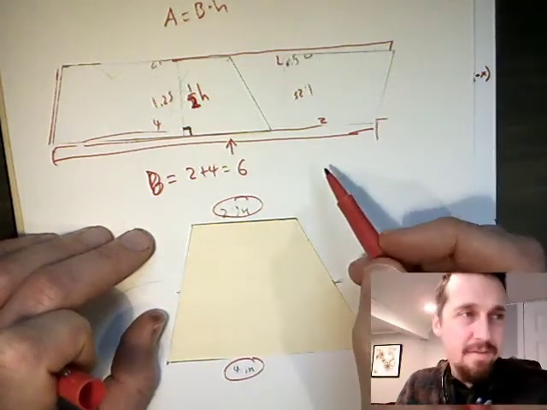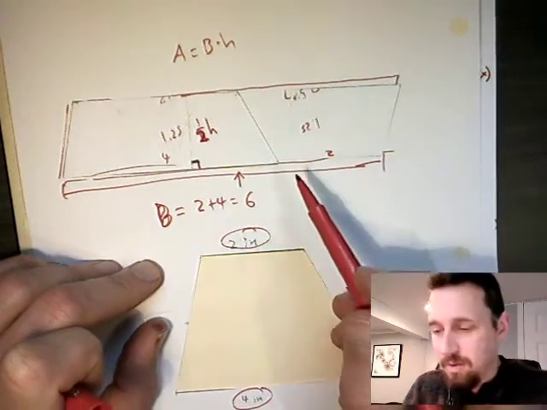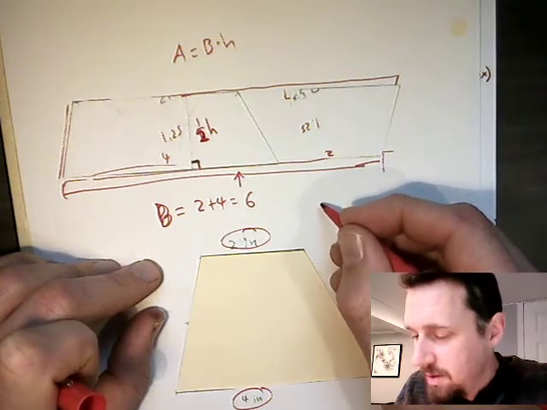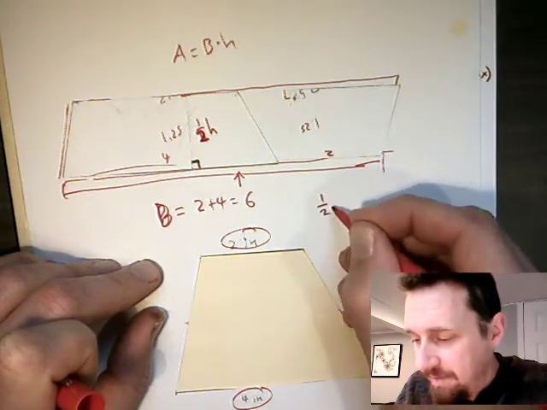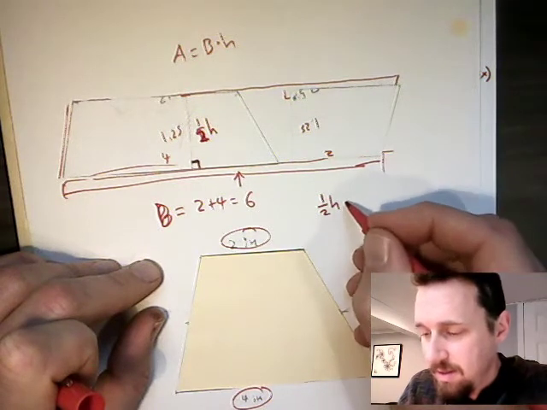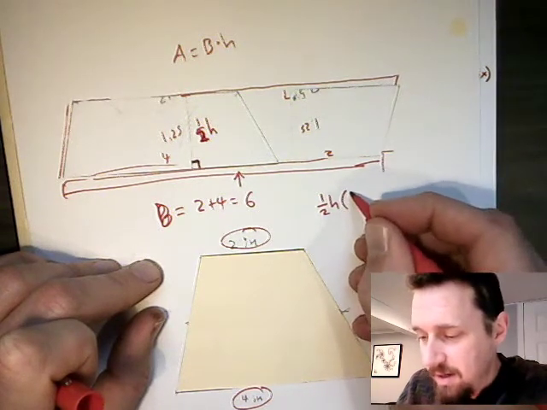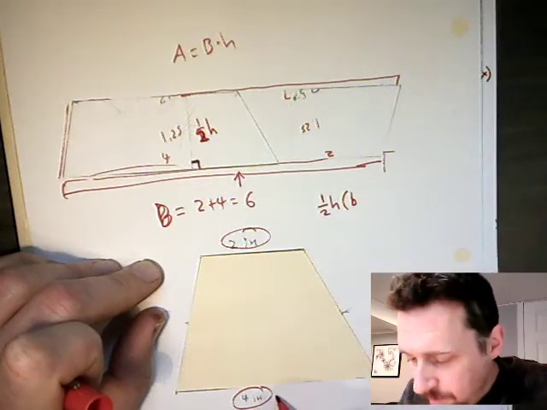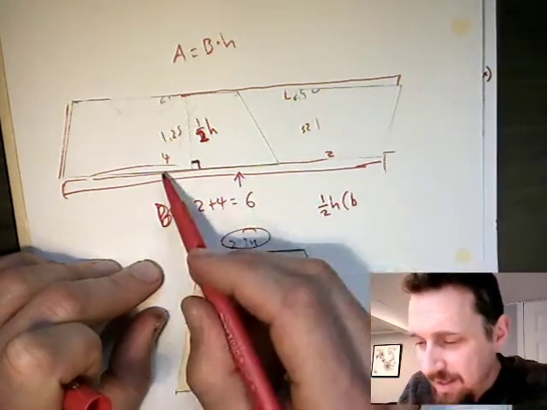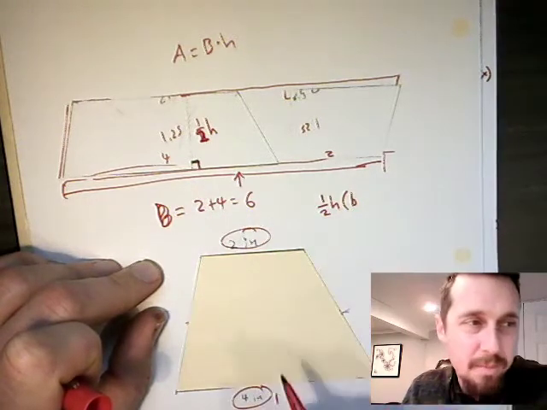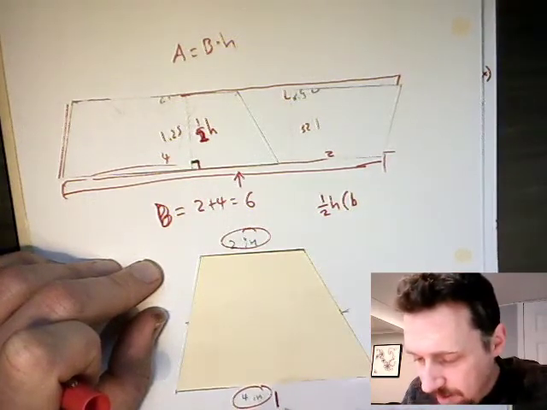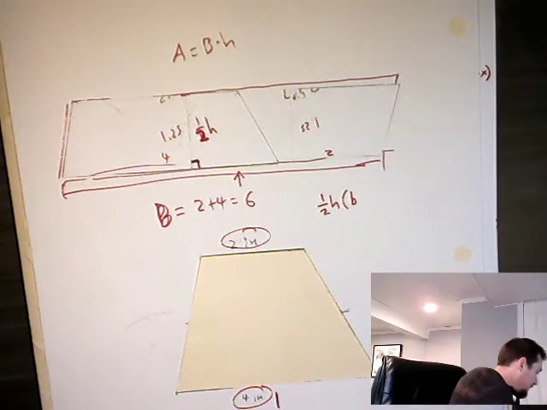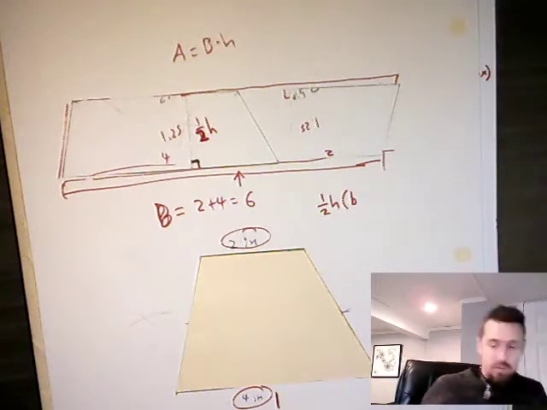So the way to find, in other words, the area of a trapezoid is to do 1/2 times the height of the trapezoid times, and there's two, it's kind of like these together become our base, so we talk about them as being base 1 and base 2.